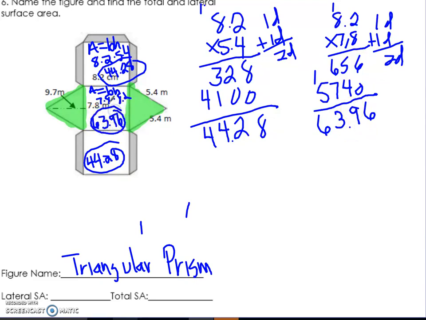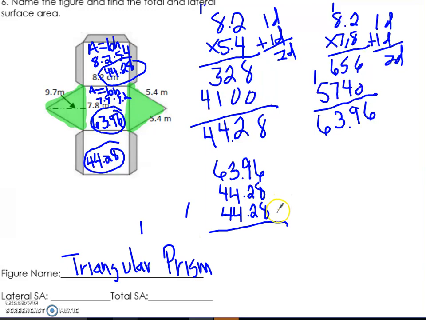To find the lateral surface area, add up everything but the bases. So 63.96 plus 44.28 plus 44.28. So we have 8 times 2 is 16. 16 plus 6 is going to be 22.